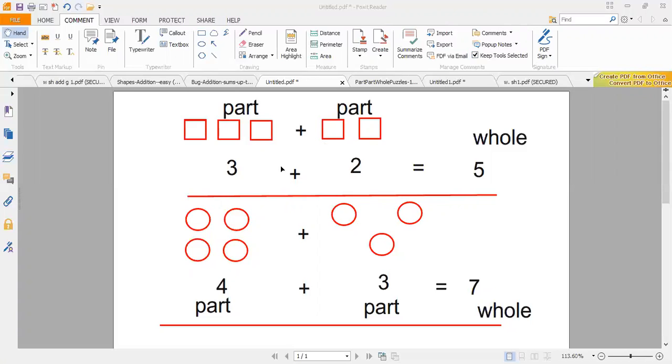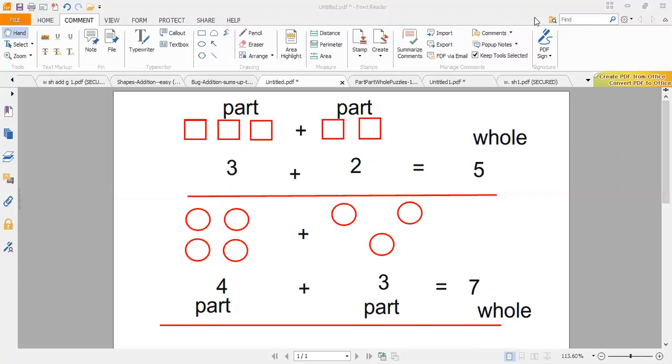Also, note that we have a plus sign between the two parts. The whole is the biggest number. The whole is the answer, the biggest number. The whole is always after the equal to sign.